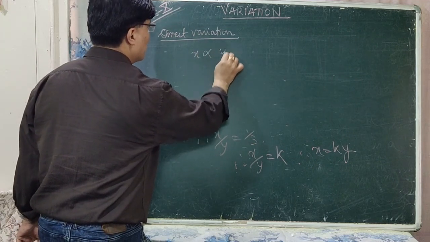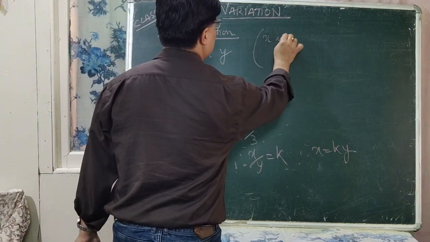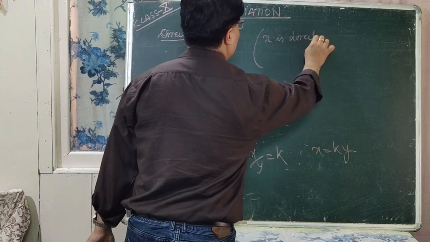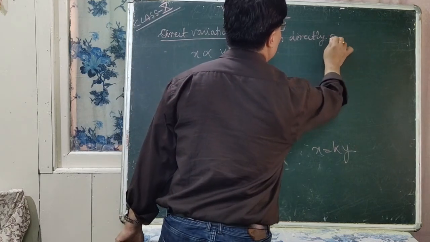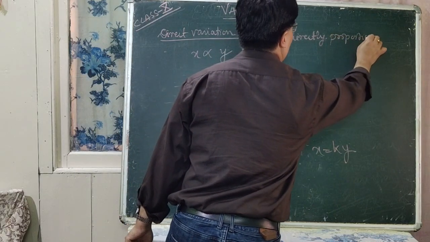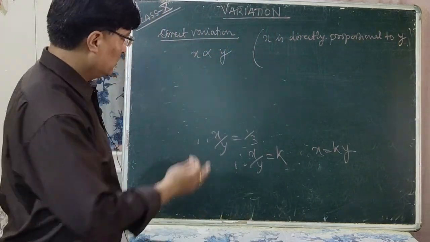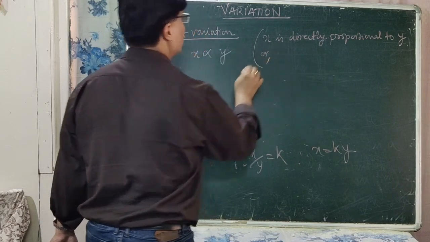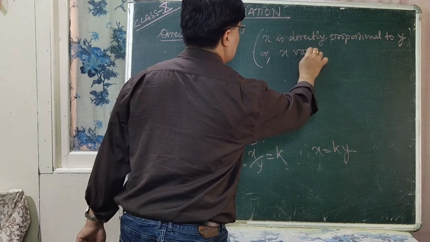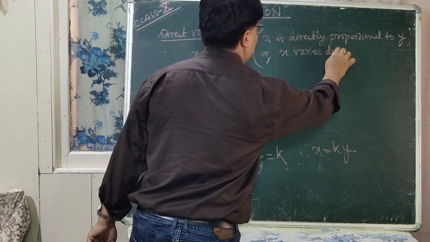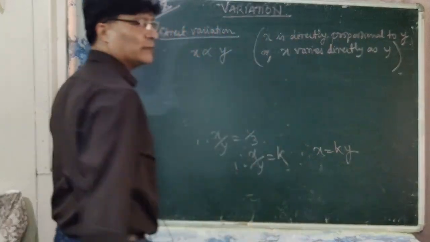x is proportional to y. How do we read this? When reading, x is directly proportional to y. x is directly proportional to y. Or you may read it as x varies directly as y. x varies directly as y, right?